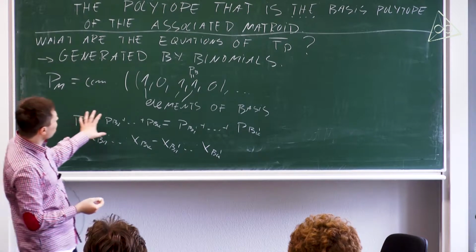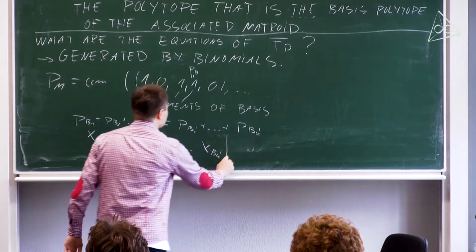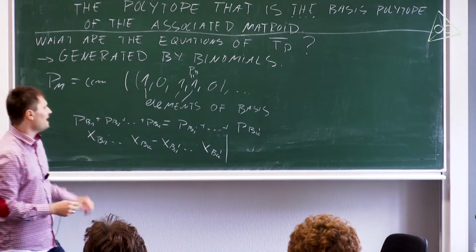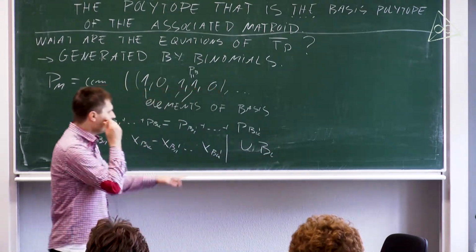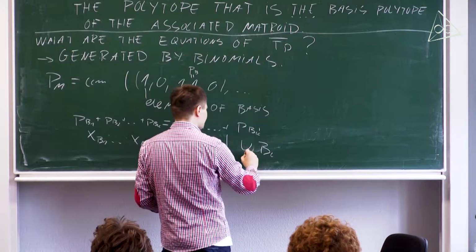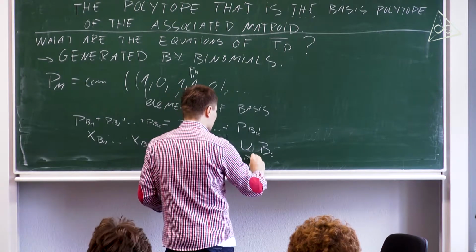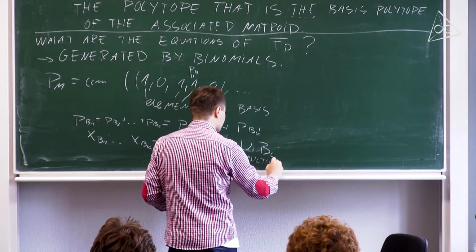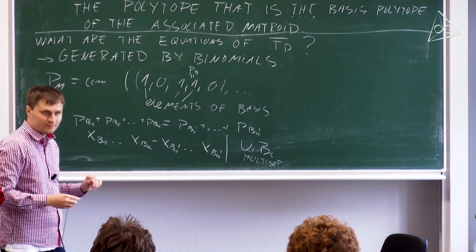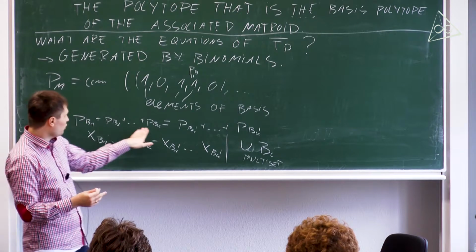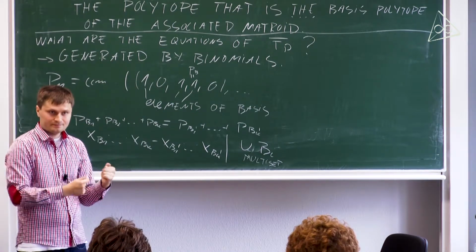But let's try to look at it in terms of combinatorics of a matroid. What does it tell us about the union of the Bi's as a multiset? So notice that adding these points is basically taking a union as a multiset.